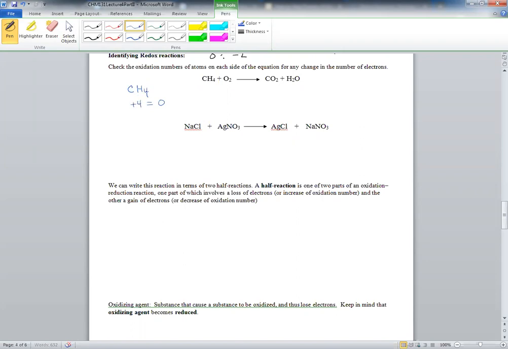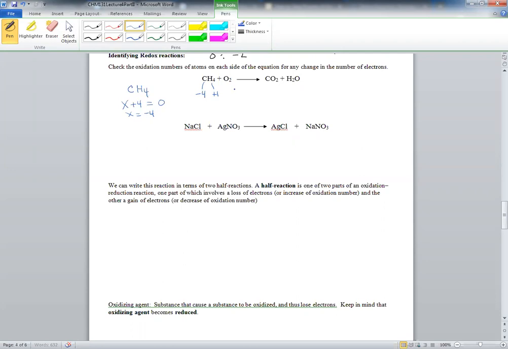Each is a +1. So go back to the rules and see that hydrogen was attached to a nonmetal. It is a +1. So we have 4 of them. I already took 4 times +1. So C is unknown. X, if you solve for X, it would be a -4. So in this case, C is a -4, H is a +1.